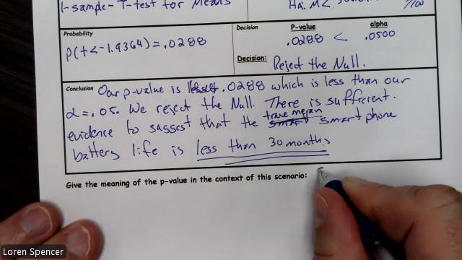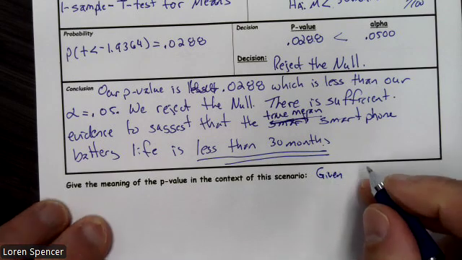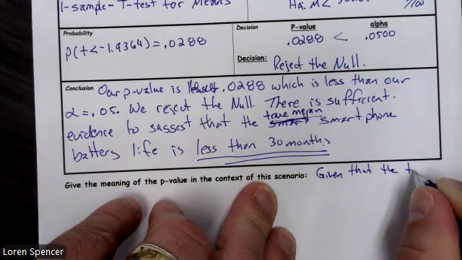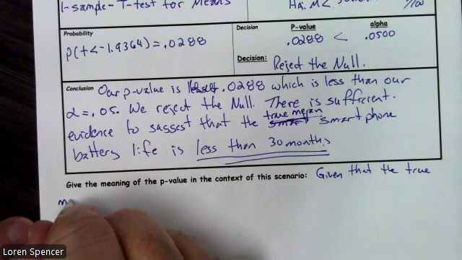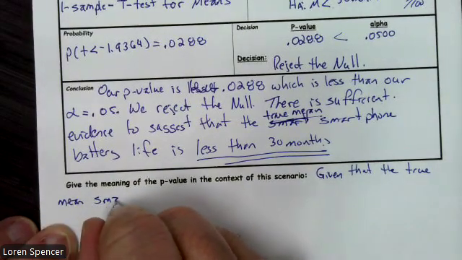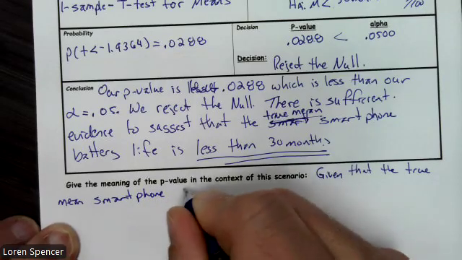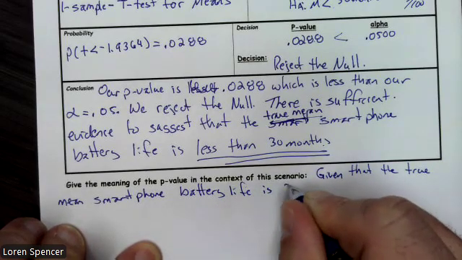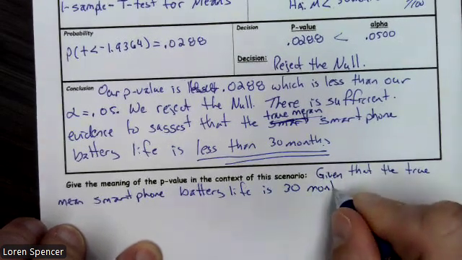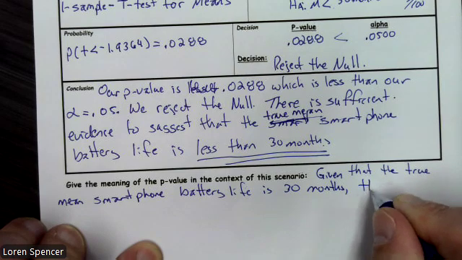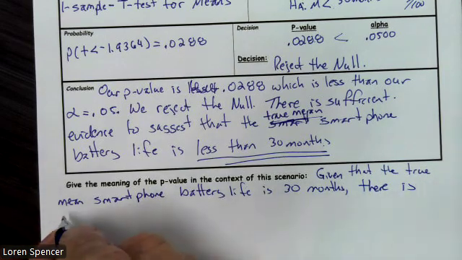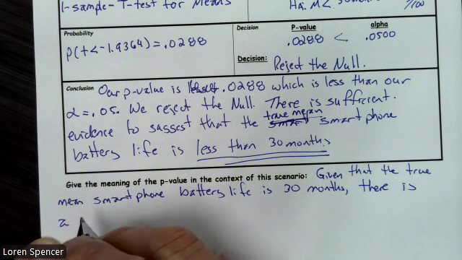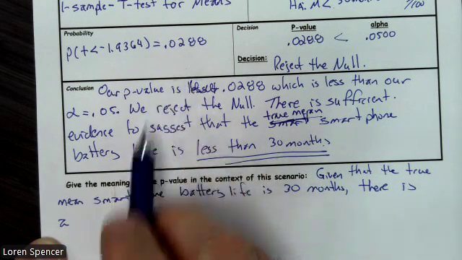So here we go. Given that the true mean smartphone battery life is 30 months, there is a 0.0288 chance or 2.88%. I'm going to use percent, but you can leave it as a probability.